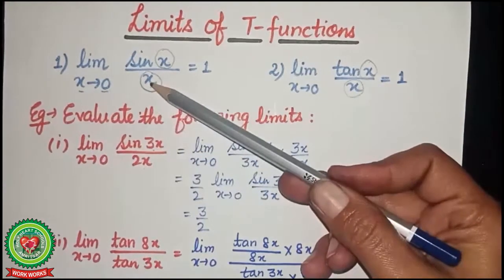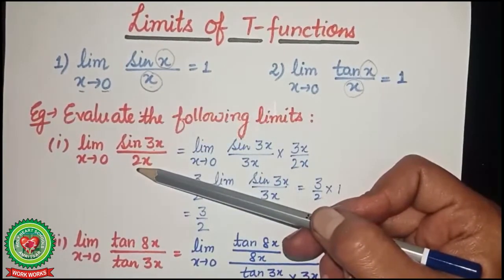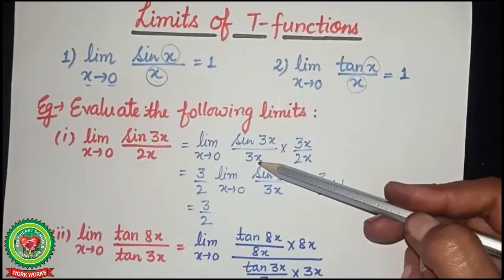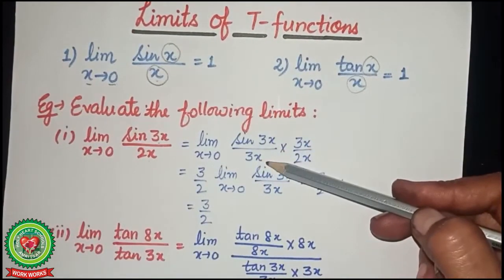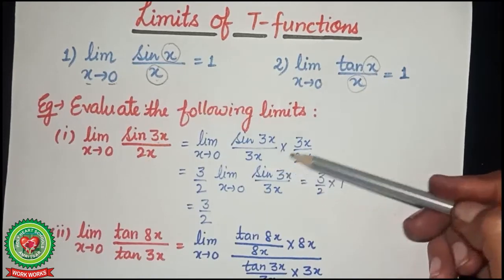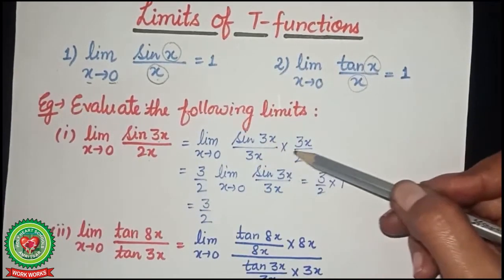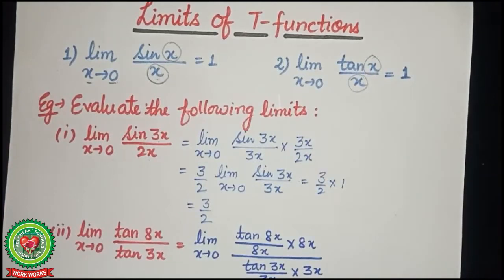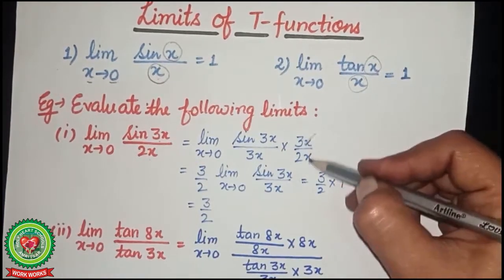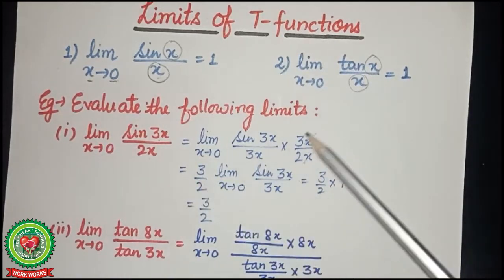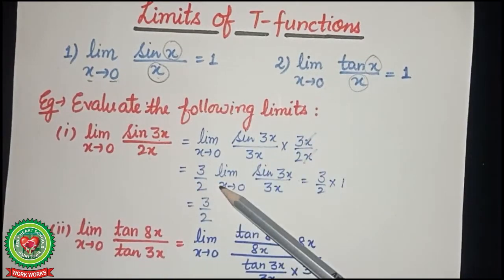So we will try to make the denominator 3x. We will multiply and divide the function by 3x. So sin 3x upon 3x multiplied by 3x upon 2x. Here x will cancel with x, so it is equal to 3 by 2 times the limit of sin 3x upon 3x.